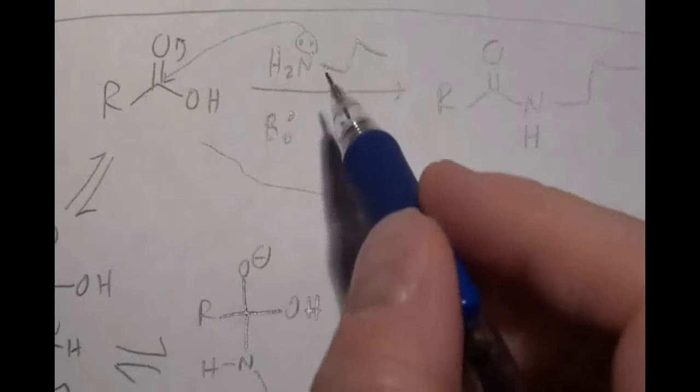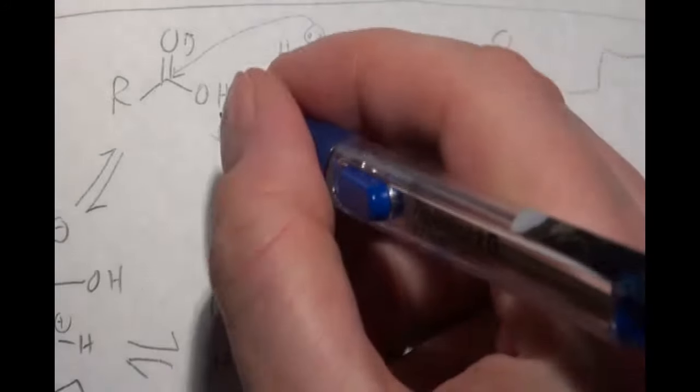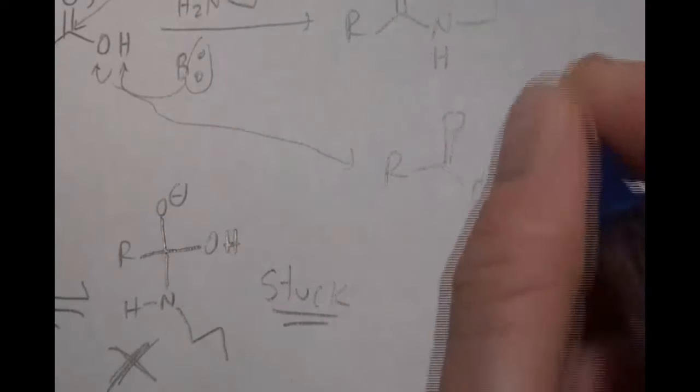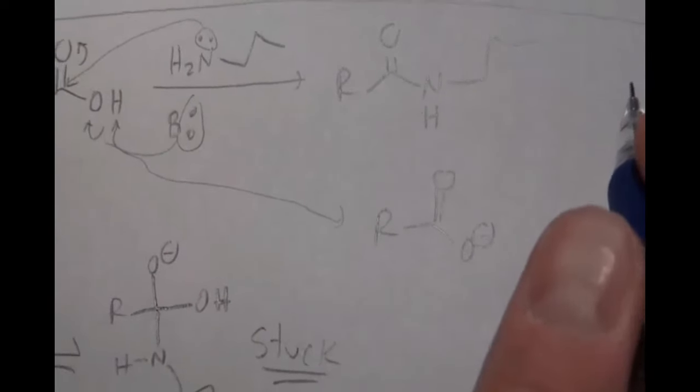Okay. And what's the other thing that can happen though? Rather than the nucleophile attack, the base can just take off the proton. Right? That's another thing that can happen. And now we're even more stuck, because now it's actually even worse of a leaving group. It's a carboxylate, right?